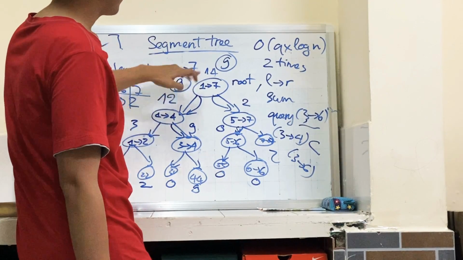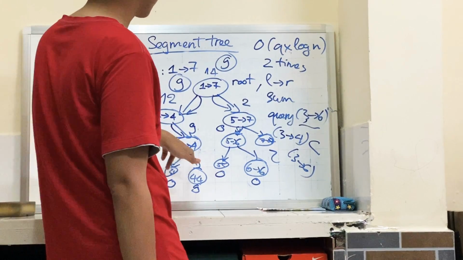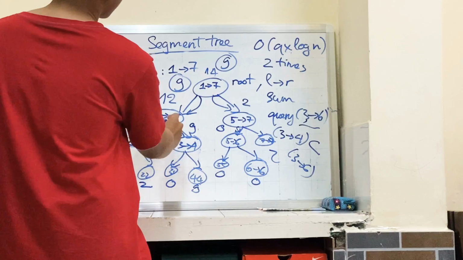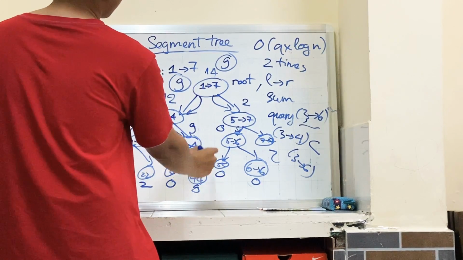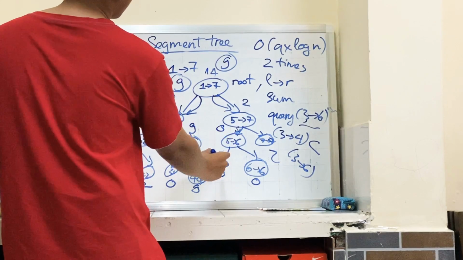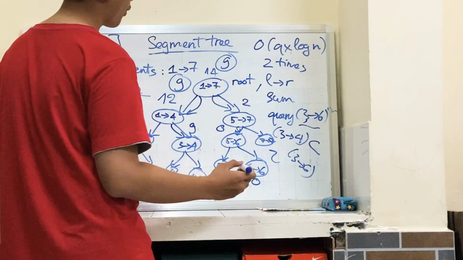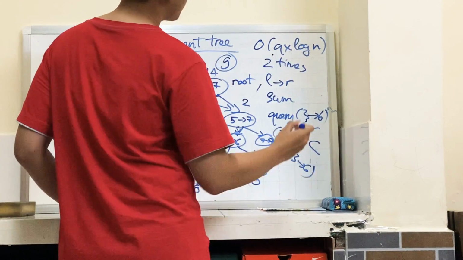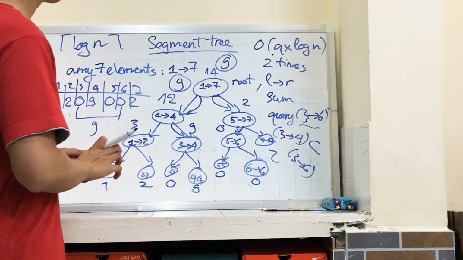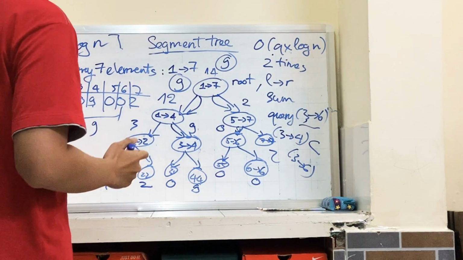At each level we only traverse the nodes 1 time. So the complexity will be log n per query. So for q queries it will be q times log n.